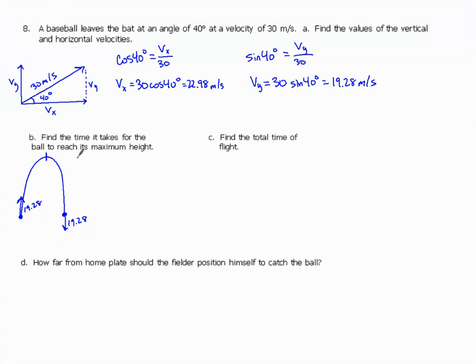So here is your basic formula. Velocity final equals velocity initial plus the acceleration of gravity times the time. And if the initial velocity is 0, then the velocity equals the acceleration times the time.